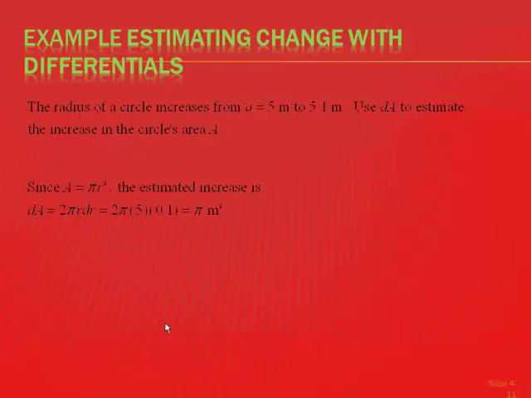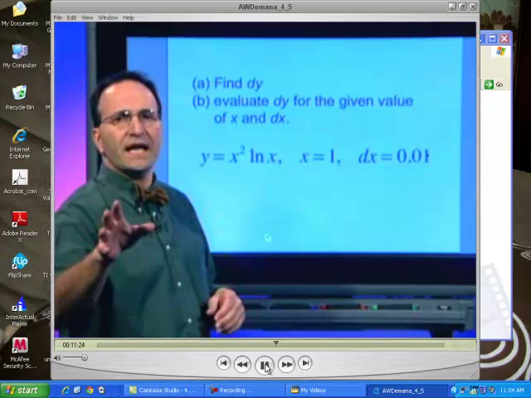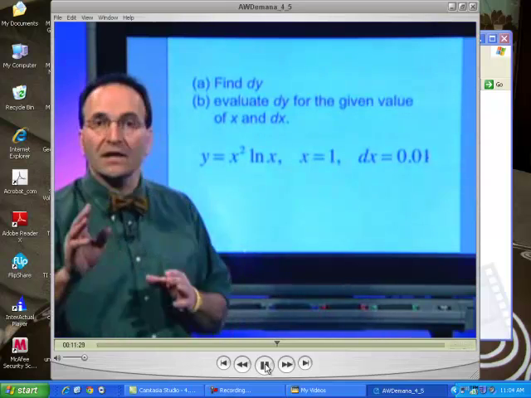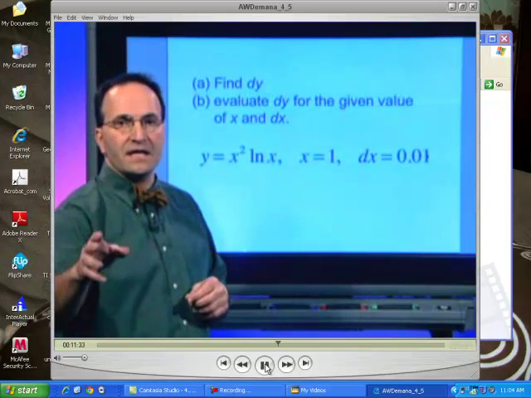It's just going to make it pi meters squared bigger than what it was at 5 meters. See it clearly illustrated. Let's say that we want to find dy and then evaluate dy for the given value of x and dx.